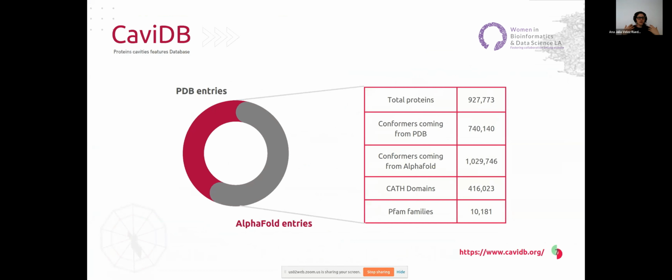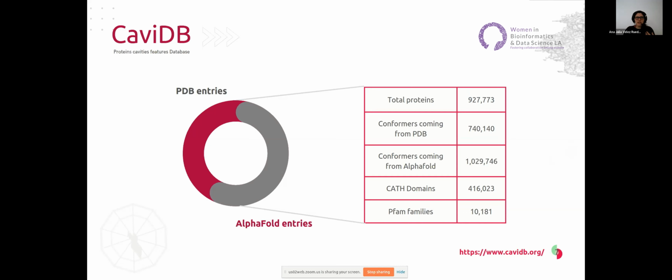We were able to characterize 36 million cavities in those conformations and those proteins. We have almost 100,000 different proteins in CavityB, so you can access all this information and check what you need.